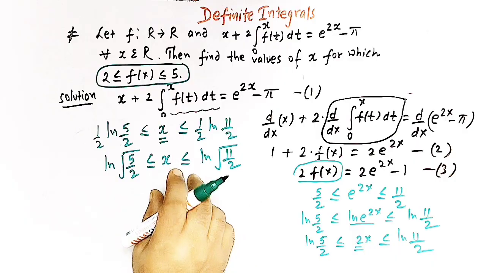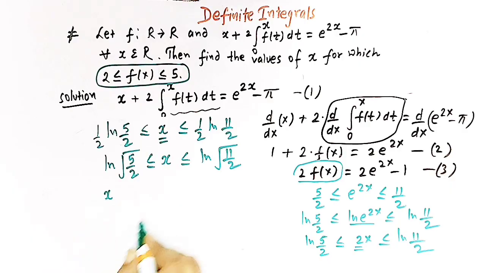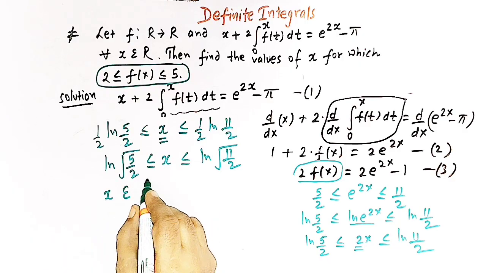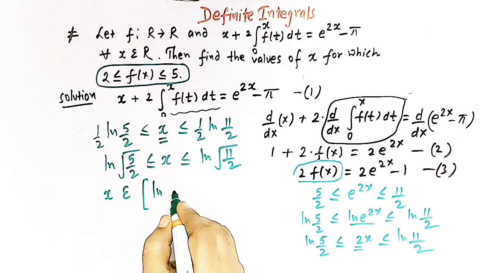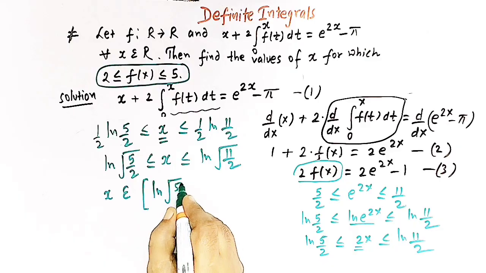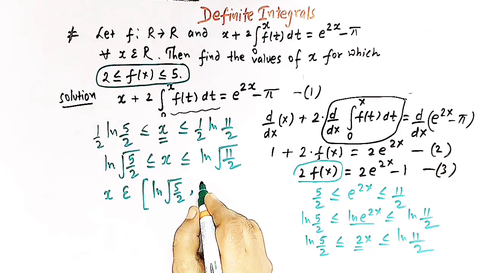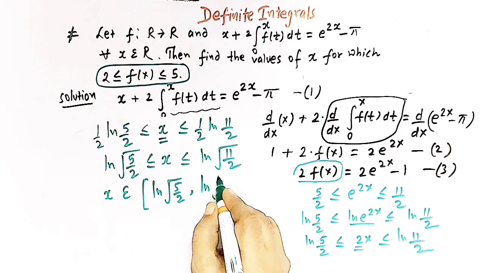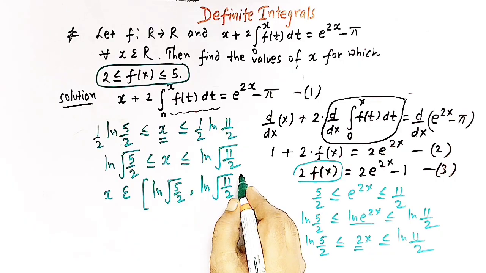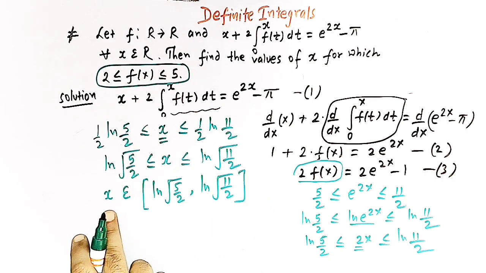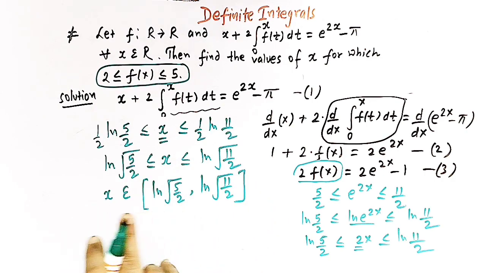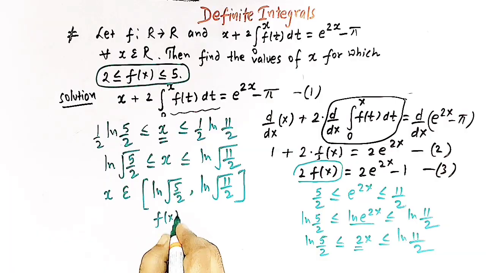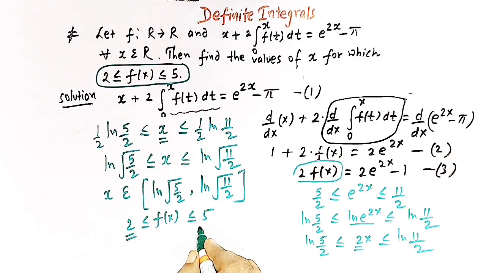So from this inequality we can conclude that x belongs to the interval natural log of square root of 5 over 2 comma natural log of square root of 11 over 2, right? So these are the required values of x for which the function f of x lies between 2 and 5, including 2 and 5.